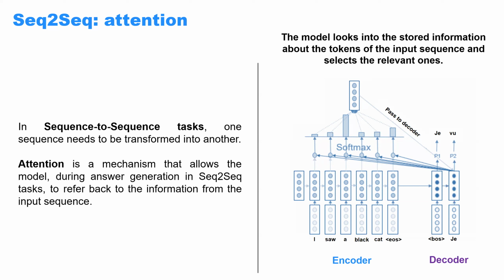So if vectors are similar, if meanings in these vectors are similar, these dot products will be maximized. So that means that with this operation, we can find the most useful information from our encoder that we need to use right now for the decoder step.